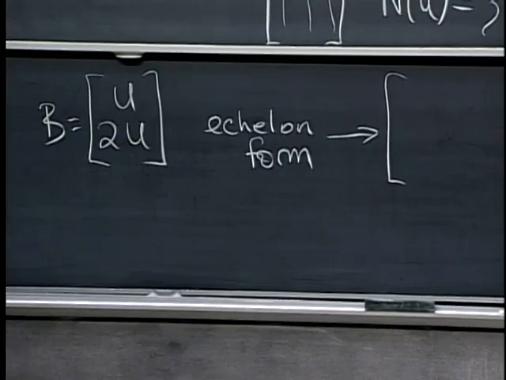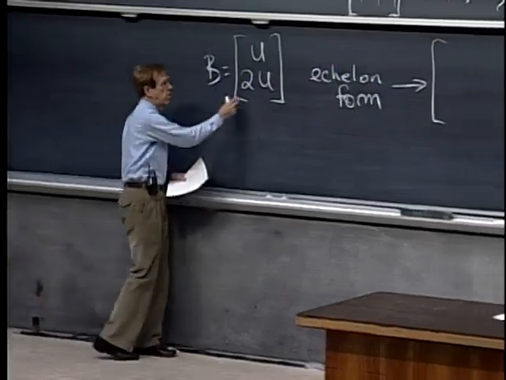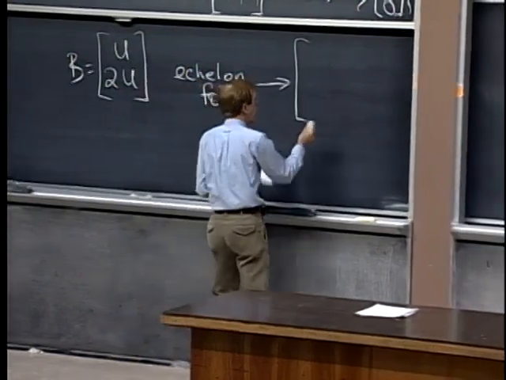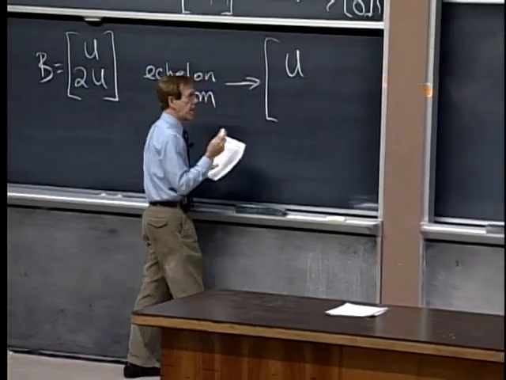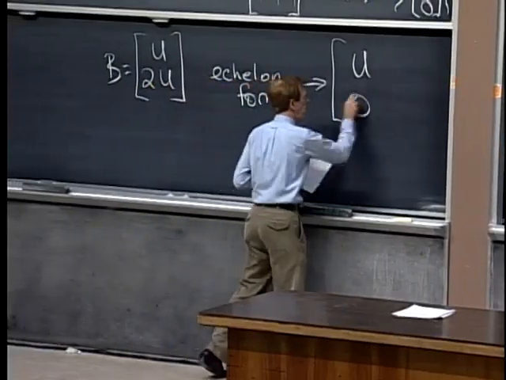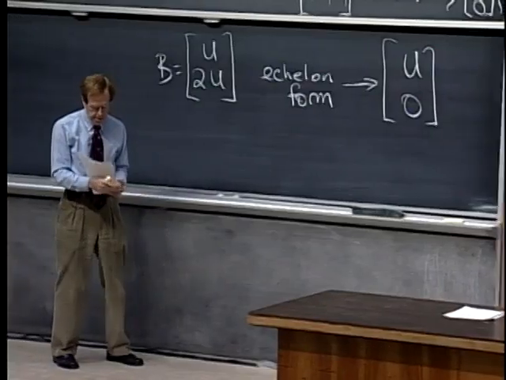You're doing elimination on single rows, but of course we're allowed to think of blocks. So what's the answer look like? U and 0, or R, I'll stay with this letter U, but I'm really thinking it's in reduced form, and 0. Okay, fine.